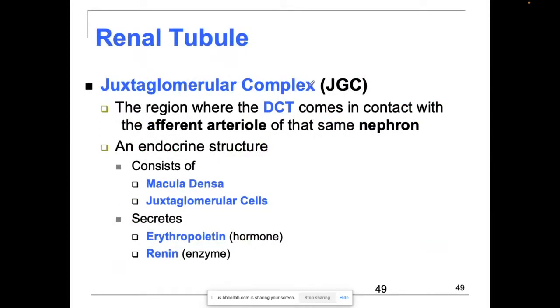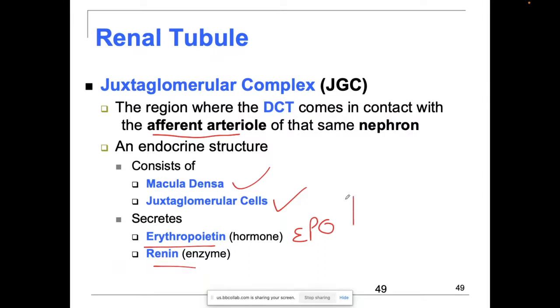The juxtaglomerular complex is the region where the distal convoluted tubule comes into contact with the afferent arteriole. And the macula densa cells and the juxtaglomerular cells are important because they're involved in secreting erythropoietin, EPO, and renin.